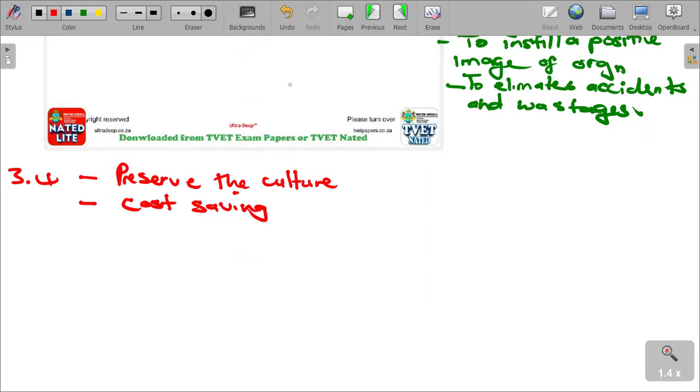They would also want to motivate employees to perform.